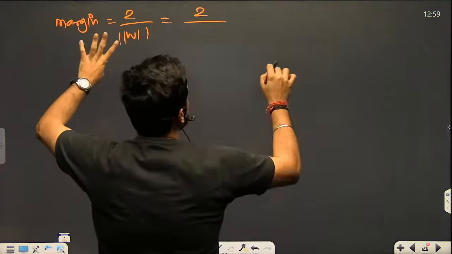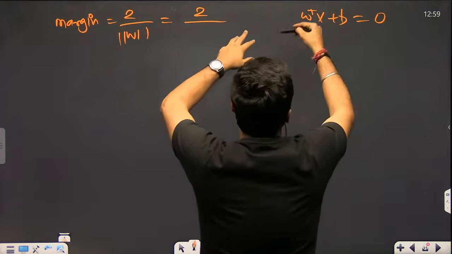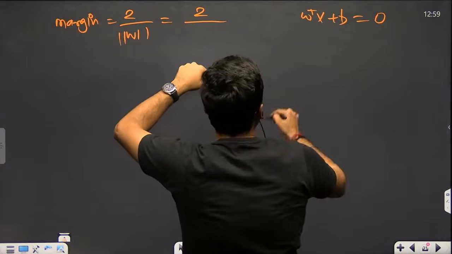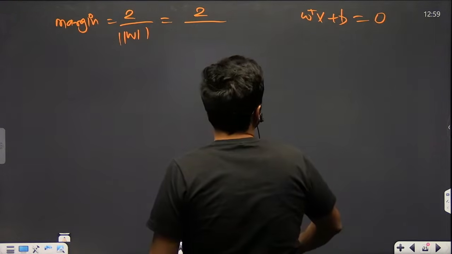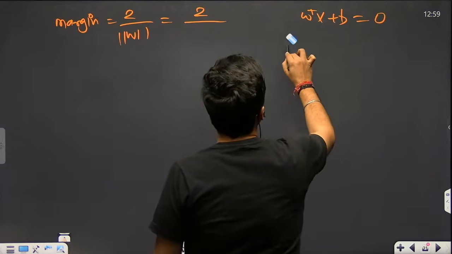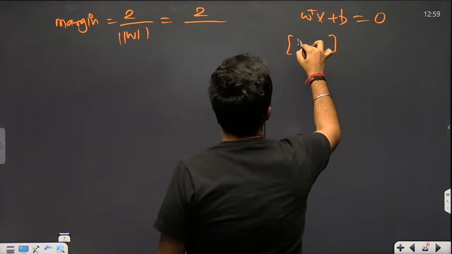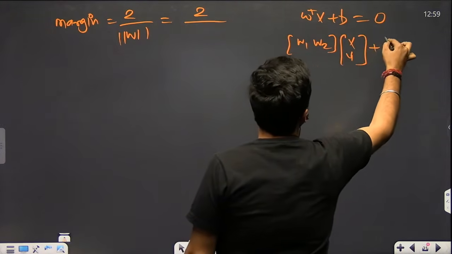Because you know weight transpose into x plus b equals 0. What is weight transpose into x plus b? That is w1 and w2, and x is x and y, plus b equals 0.